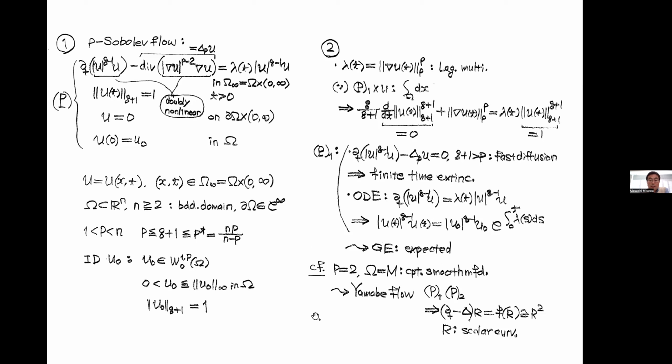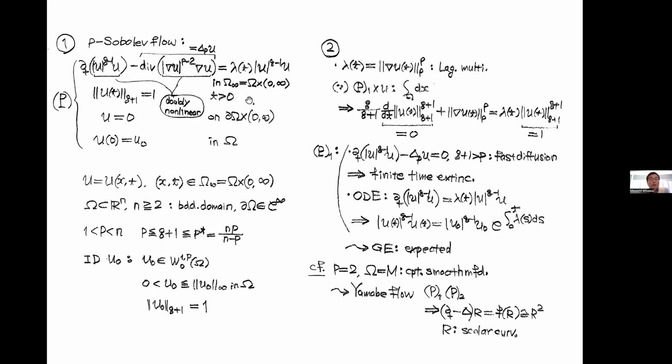So now I would like to state the geometrical background for this equation. In the case p equal 2, the p-Laplace operator becomes the usual Laplace operator. And we suppose the domain omega is a compact smooth Riemannian manifold.